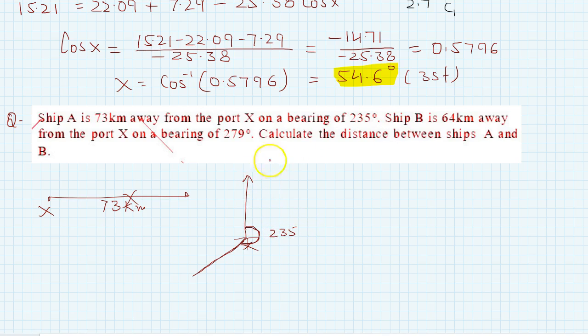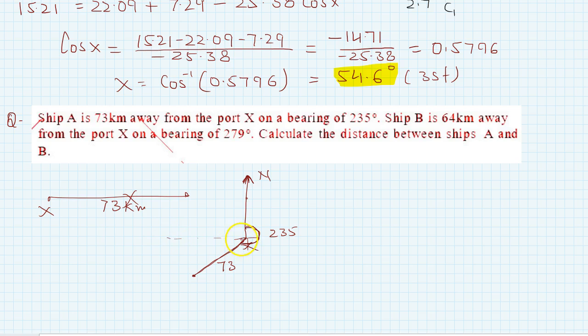The bearing we also always calculate from north. If we say due north, it means the point is on this line. From X the distance is 73. Ship B is 64 km away from the port X on a bearing of 279.